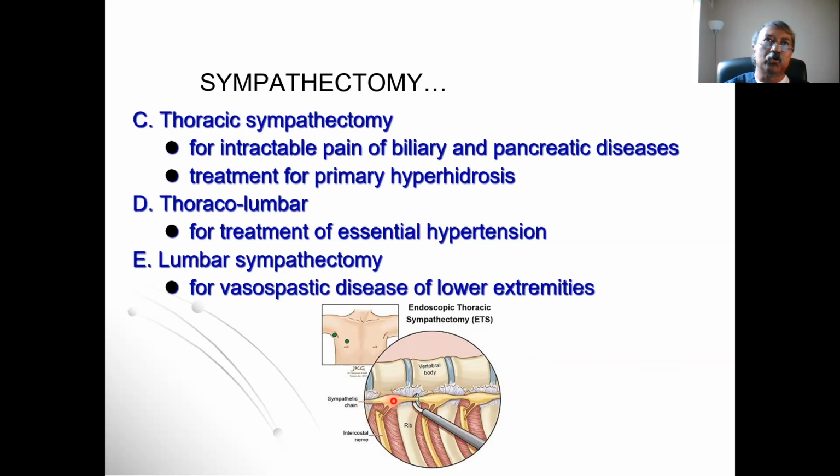These are not the motor chain, strictly a chain for sensation, for sympathetic work. They can do it thoracic, they can do thoracolumbar, they can do lumbar, depending on what the pathology is. Basically, destroying the nerve root using electric current or laser.